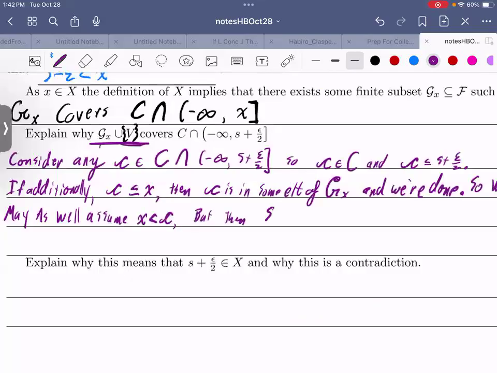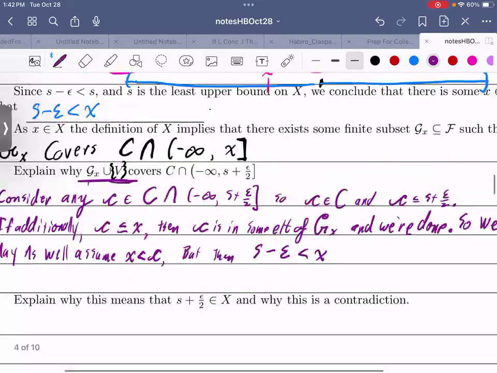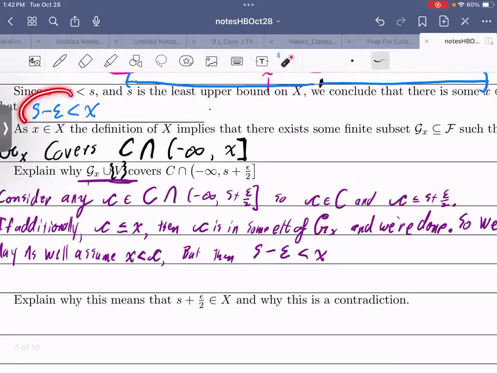S minus epsilon is less than X, which is less than c, which is less than or equal to S plus epsilon over 2, which is less than S plus epsilon.